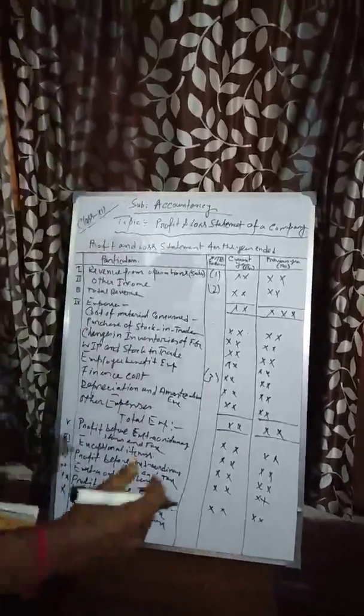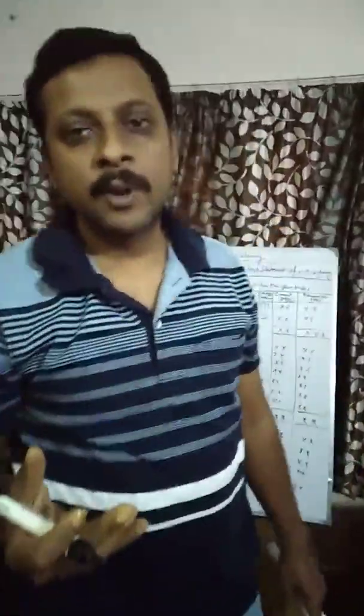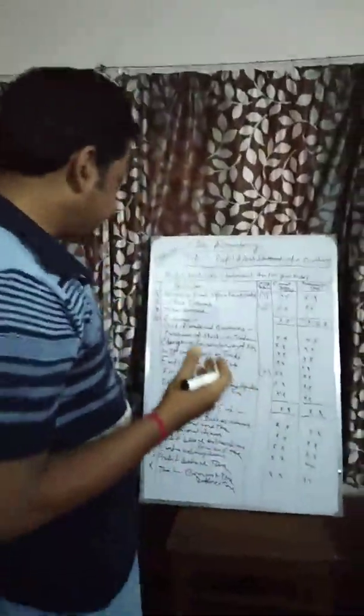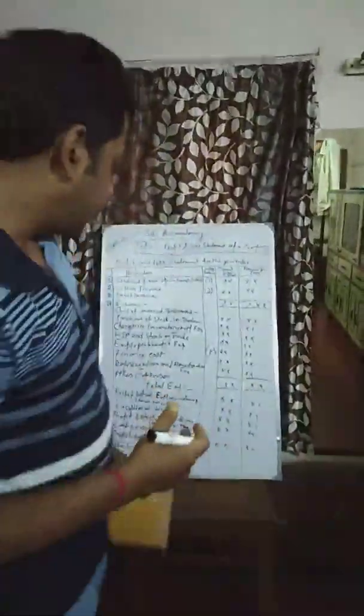Deferred tax means if your accounting profit and taxable profit differ, then deferred tax arises, and you have to pay it throughout a 5 year or 3 year period. It may be positive, it may be negative, but current tax is what you have actually paid to the government from your profit, and that should be deducted. So there is a tax.